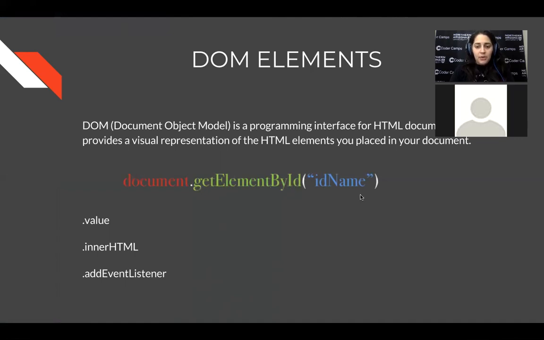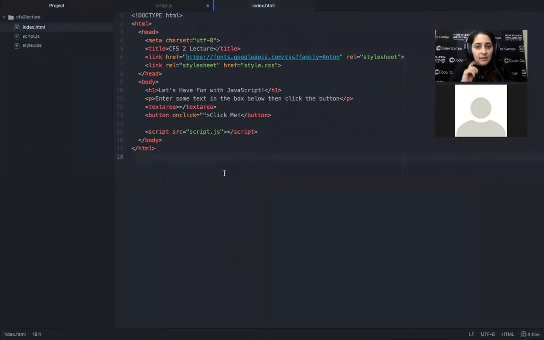Then you'll have your parentheses. Inside of your parentheses, inside of quotes, is going to be your ID name. Now with this, you'll have different things that you can add to it: .value, .innerHTML, .addEventListener. So let's go ahead and play with it for a second here.